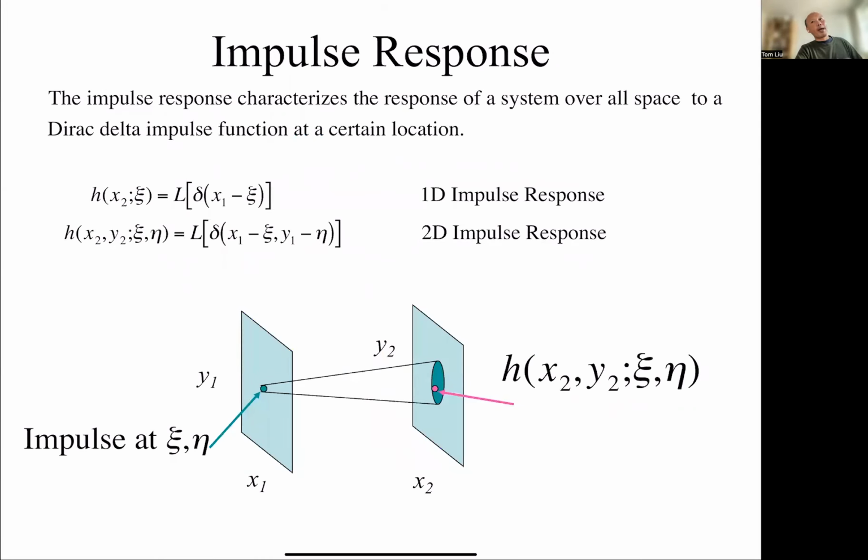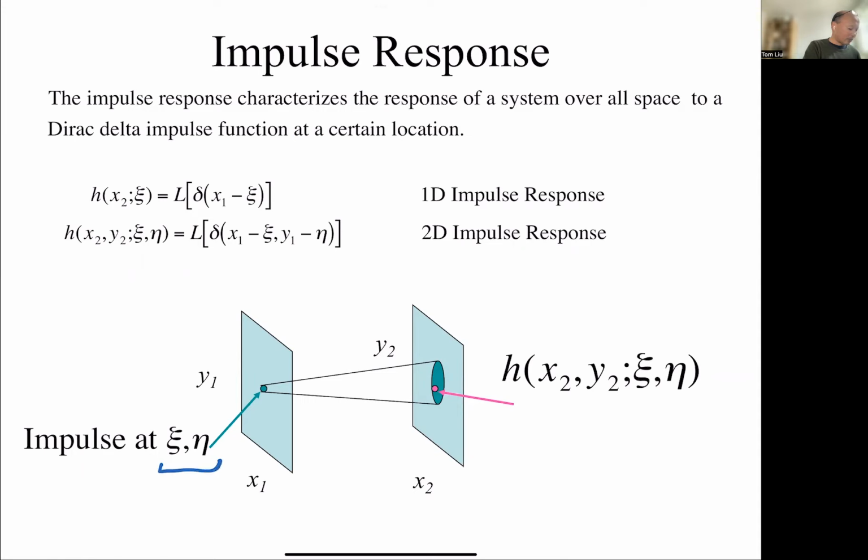Okay, so now we can go back and look at the impulse response, and we're going to start building up some notation so we can talk about impulse responses in mathematical terms. The idea is that in general, I might have an impulse at this location. I forget how to say these terms.